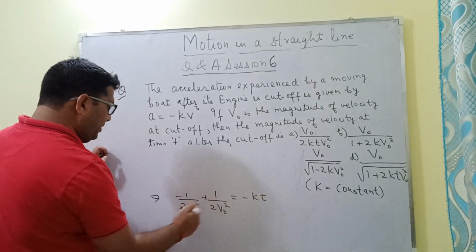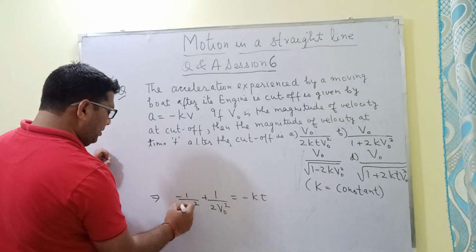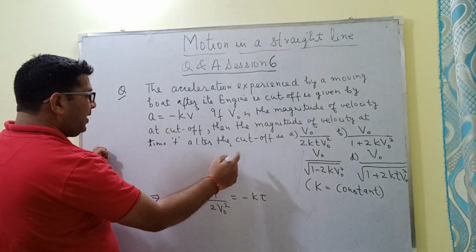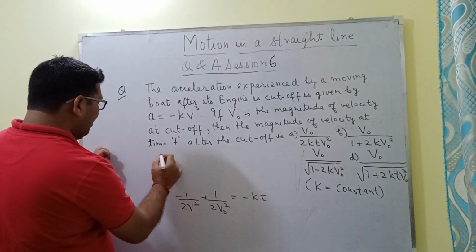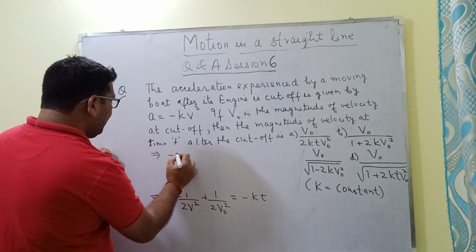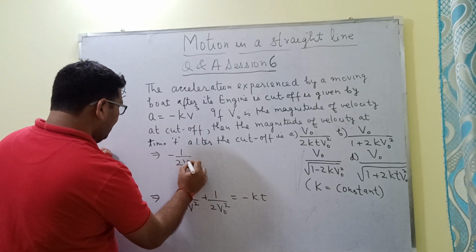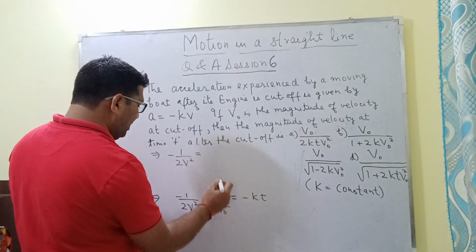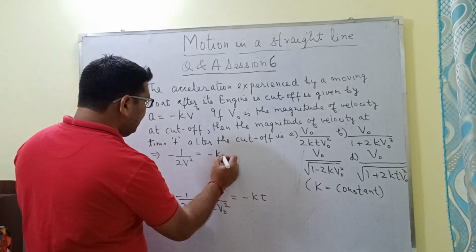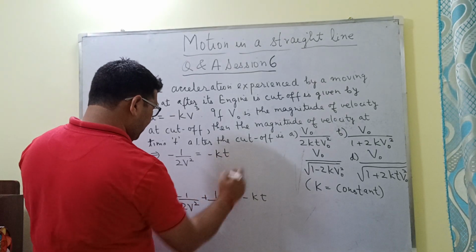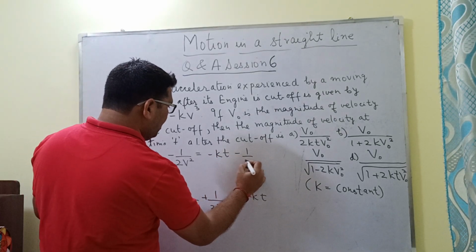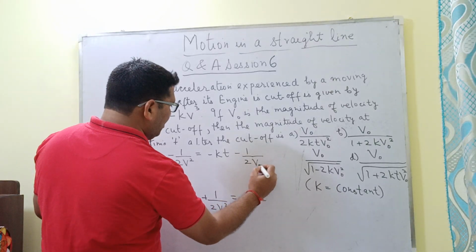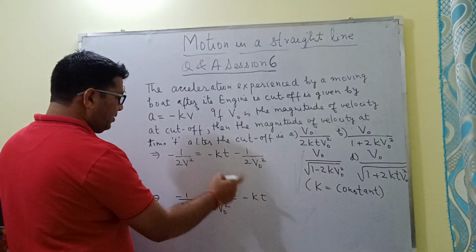Now solving this, we basically have to find the value of v. So what I will be doing is, it implies that I will be taking 1 by 2 v square on one side of the equation, and this will be taken on the other side, that is equal to minus kt. This will become minus 1 by 2 v naught square.